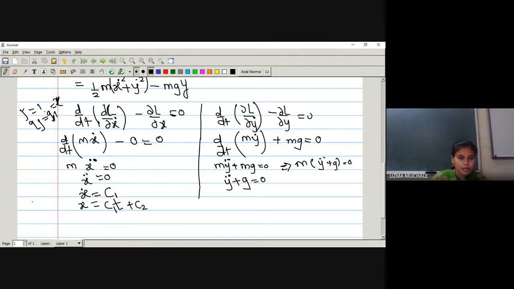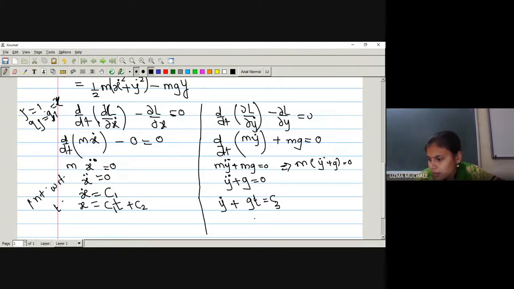Here also we have to integrate with respect to t. So what is the resultant term? It will be y dot plus gt equals some other constant. C1 and C2 we have already used, so let me write another constant, C3.